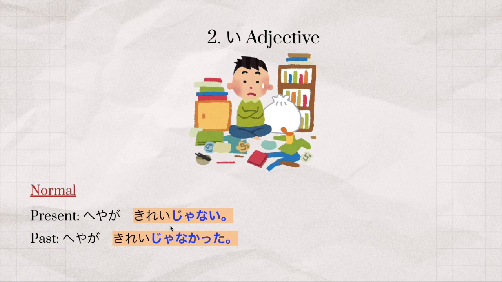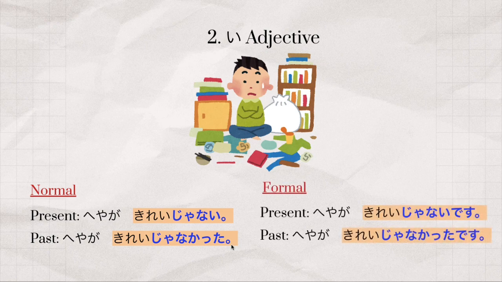If you wanted to say the room is messy, it will be 部屋が汚い. But in this case, we're denying that the room is clean. So 部屋が綺麗じゃない. To say this in past tense, it will be 部屋が綺麗じゃなかった.